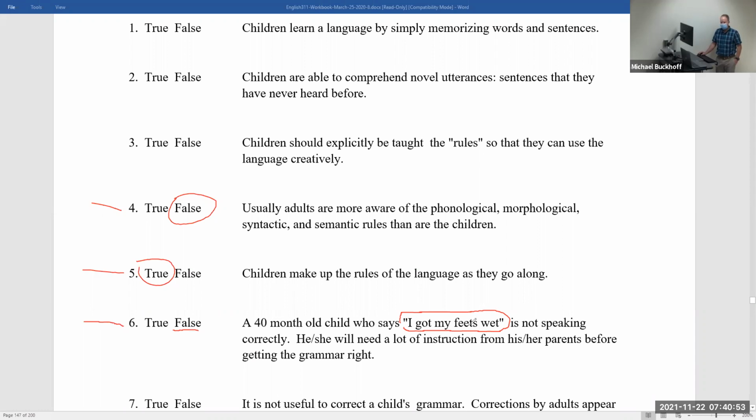Notice the use of the word feet, right? Feet is the irregular form of the noun foot, but then the child overgeneralized and applied the S on the irregular stem change. But there's a lot of things going on here that are working very well for a child at that age. This child will probably not need any instruction at all from his or her parents before getting the grammar right. There's probably nothing to be concerned about at all based on what we see here.